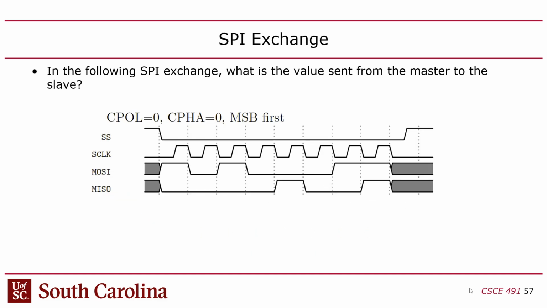Then we talked about how SPI is built on the concept of exchanges, where you're exchanging bits between the master and slave. And I mentioned that that's not something that you typically need to do, assuming you're using some sort of transactional protocol, like a programmed I/O type thing, where you're reading and writing registers. So SPI is kind of wasteful in the sense that it supports this true bidirectionality where data bits are flowing in both directions. It's not really needed.